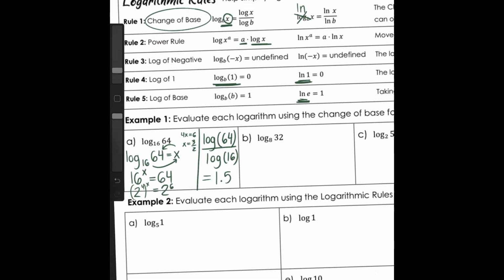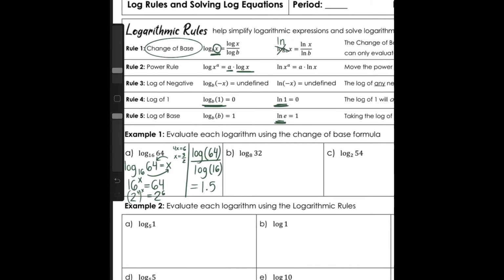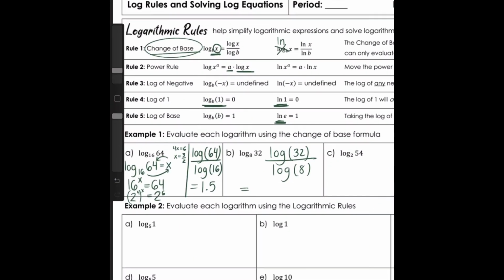You can do that with a few of these, but we're just going to stick to using the calculator for these. So this is log of 32 over log of 8, just using the change of base rule. And that's going to come out to be 1.6 repeating, which is the same thing as 5/3.